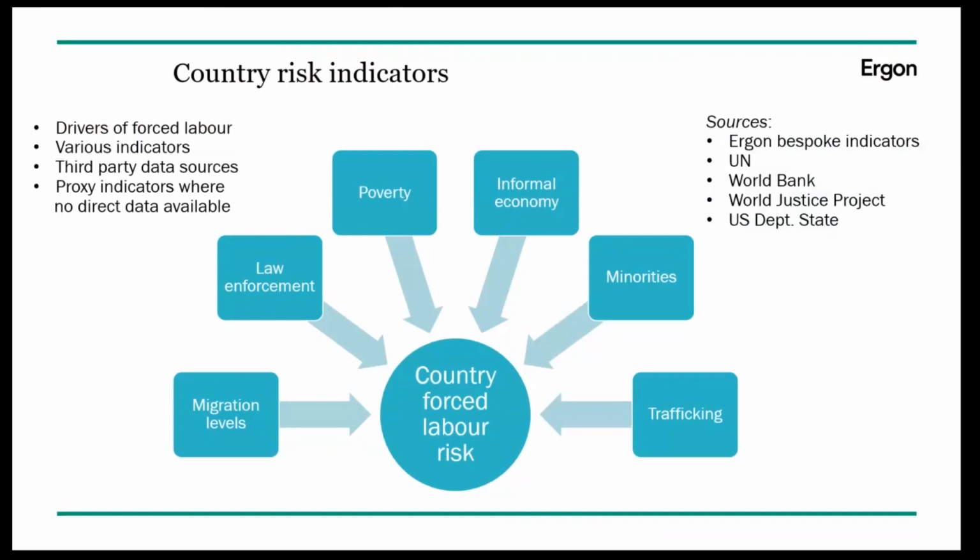There are not international statistics on the number of people in forced labour, in spite of what the Walk Free Foundation might suggest. It's not to say that those estimates are not useful, but they are estimates and extrapolations. We think there are probably slightly better ways of getting to risk than simply relying on those global estimates.